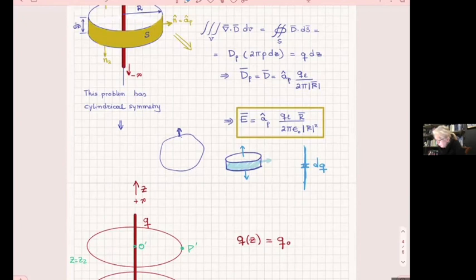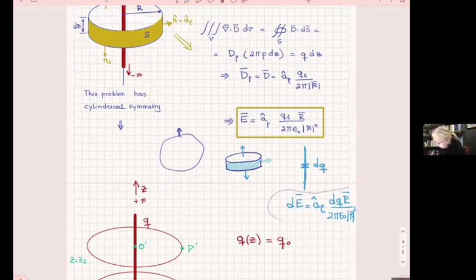For this dq, it will create a dE field that is a sub rho dq r over 2 pi epsilon naught r squared.